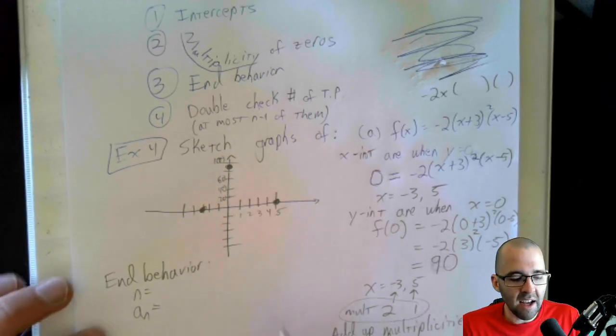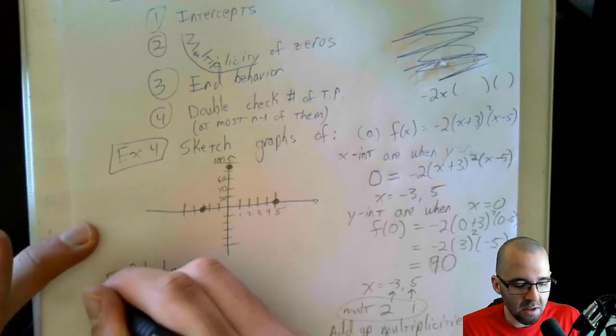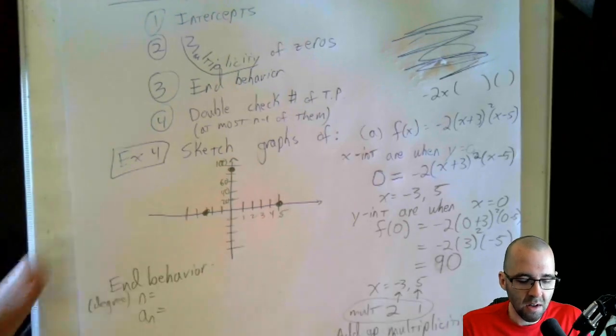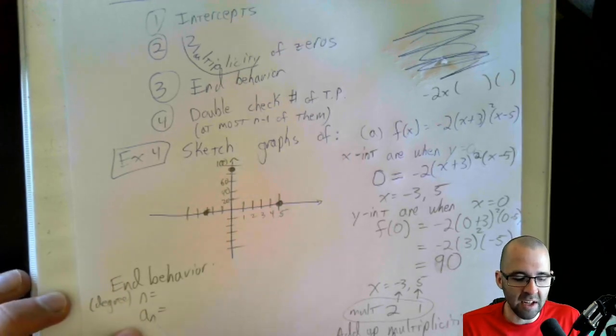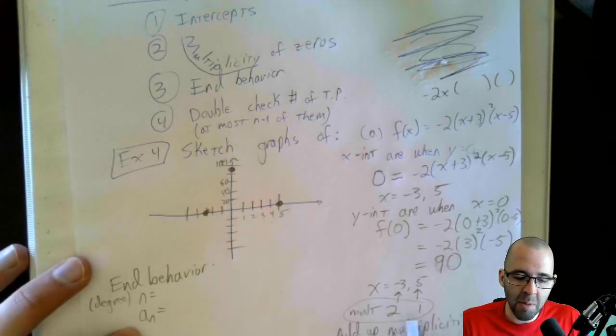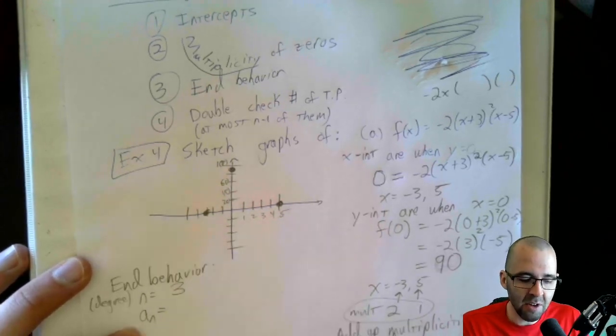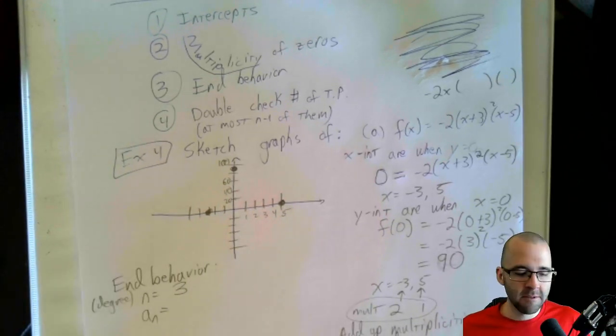Okay, n is the degree. A sub n will be our leading coefficient. So if we add up our multiplicities, 2 plus 1, the degree is 3.